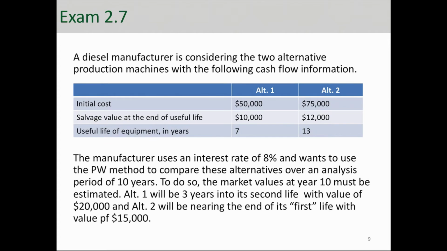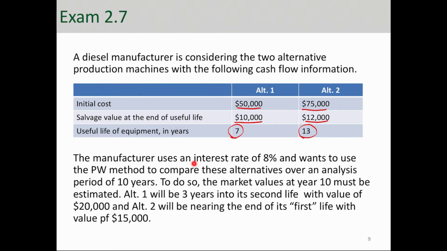In this example, we have a diesel manufacturer that is considering two alternative production machines with the following cash flow information: the initial cost of those two machines and the salvage value of those two machines at the end of their useful lives. And what we can see here is the useful lives are 7 years and 13 years.